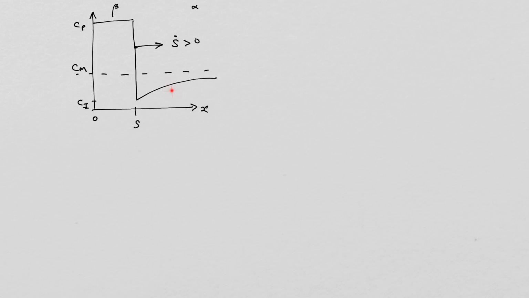If dc by dx is positive, then the flux J, which is minus dc by dx, is negative, which means that the flux is going from right to left. So the B atoms are diffusing down the concentration gradient towards the precipitate, and then they get sucked in and locked up, never again to escape. Okay.